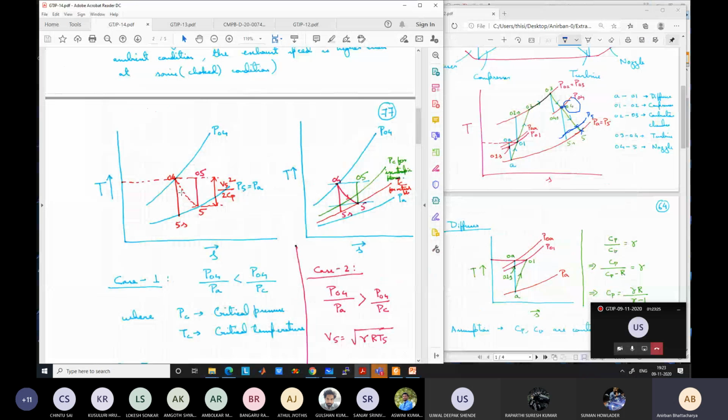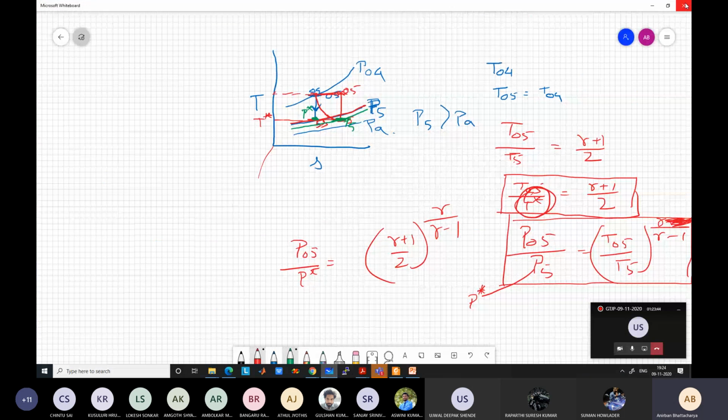This is actually mentioned here. So you should not get confused here. Okay, one confusion is there.